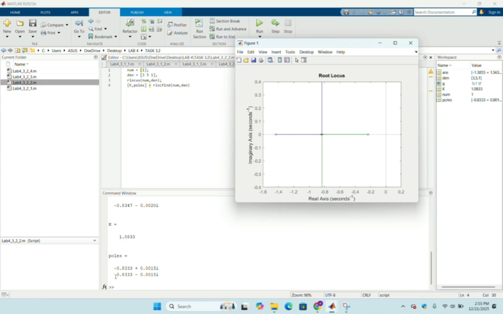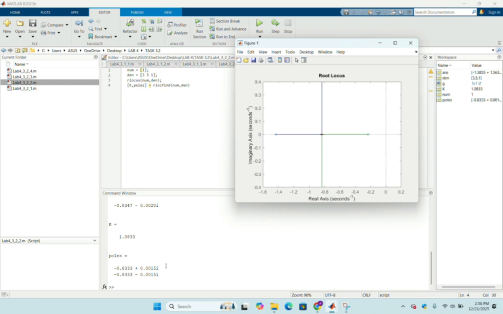The poles are negative 0.8333 plus 0.0015i and negative 0.8333 minus 0.0015i. As we increase the value of k, the poles move toward each other.